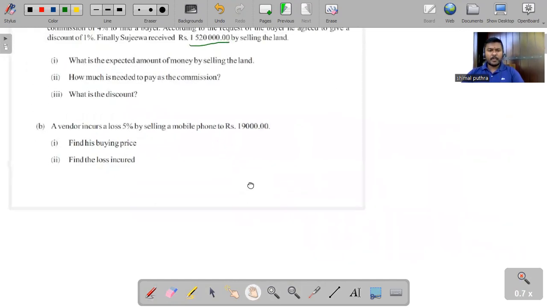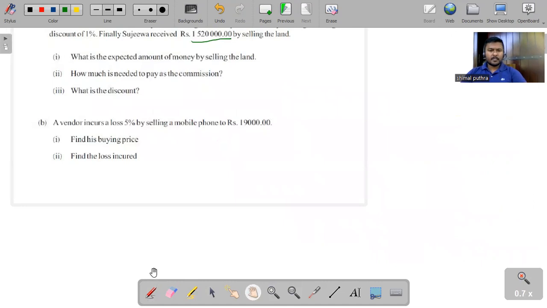Let's come to the final part. A vendor incurred a loss of 5% by selling a mobile phone for 19,000. Find his buying price. We know if you are going to sell a phone, we need a profit. So there is a vendor.